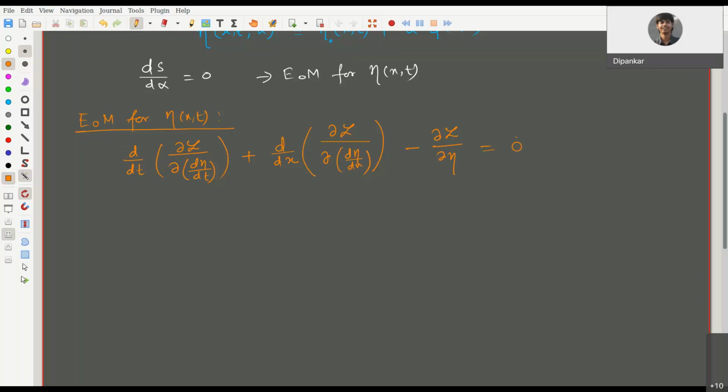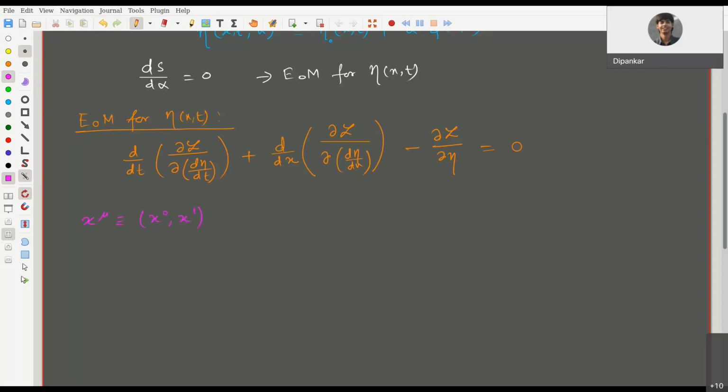Now this can be written in a more compact notation. As I discussed in the earlier class, here the time derivative and the space derivative are treated very similarly. You can write it in a more compactified notation by introducing the relativistic notation. You use x mu, which is equivalent to x0 and x1.